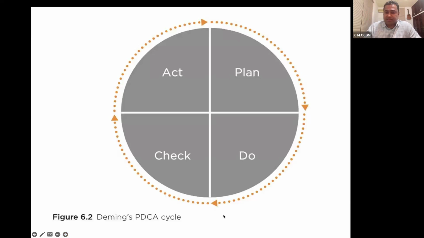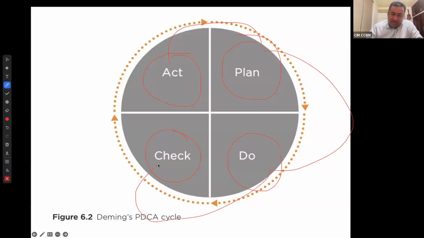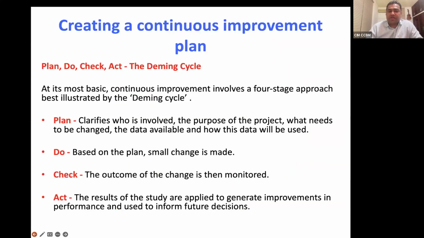So what it says is, whenever you undertake a task in the organization, you'll first plan, then you'll implement, then you'll see whether what you implement has worked properly. Then you'll take corrective action. Again, plan, again, implement, see whether what you have done is correct, and then take corrective action, again, plan. This is called the Deming cycle, the 4-step Deming cycle.